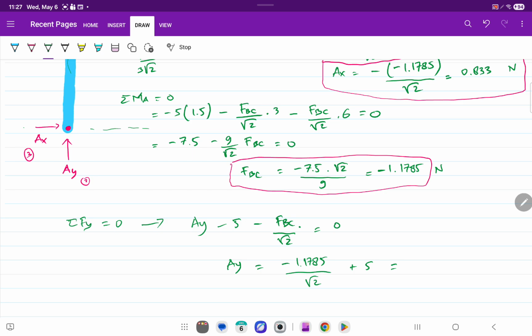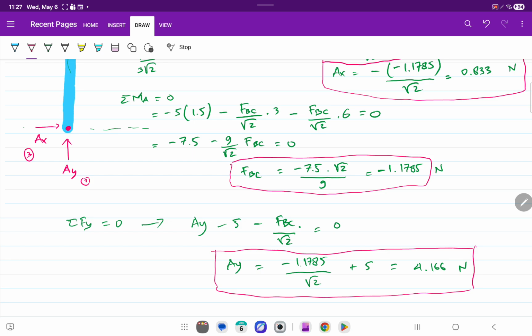So it should be minus 1.1785 plus 5, 4.166 kilonewton, and that is Ay.